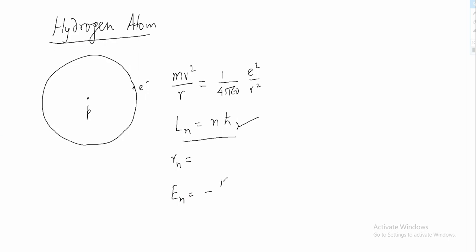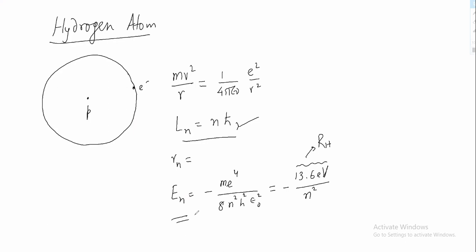And as you know, this value is, if I remember correctly, minus m e to the 4 by 8 n square h square epsilon naught square. And this in general in all the books is written as minus 13.6 electron volt by n square, where 13.6 electron volt is known as the Rydberg constant.